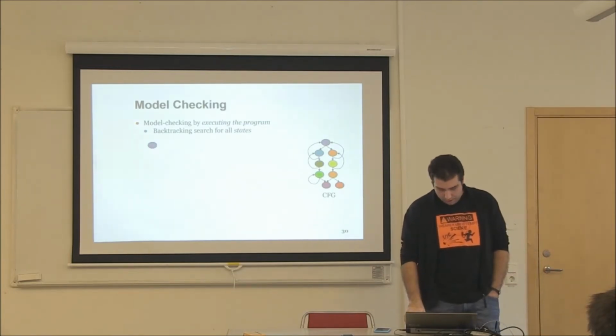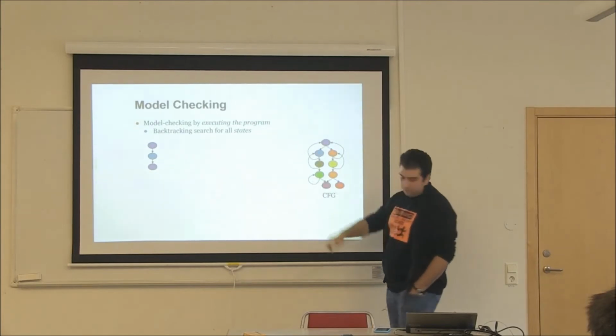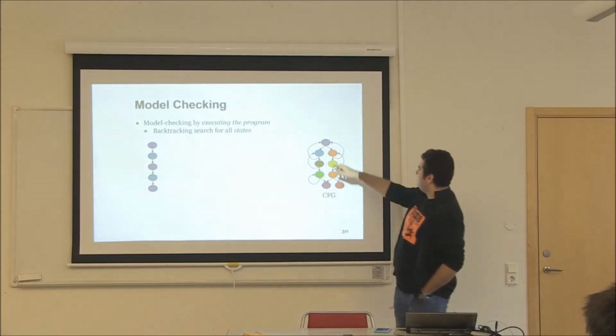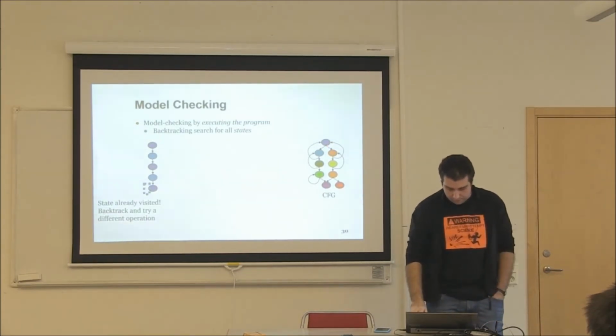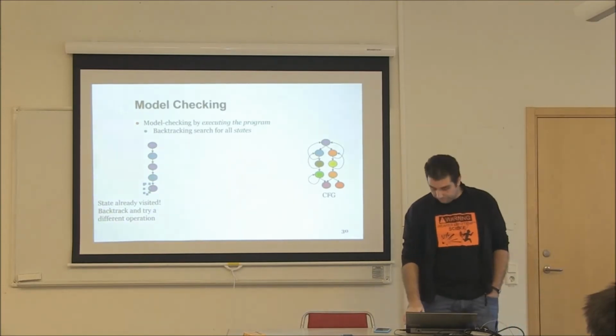So if you go from the first state, you visit the second state, and then you go back here. And then you go again, and you come to the same place here. Then the model checker will say, oops, the state is already visited. Backtrack and try a different operation.